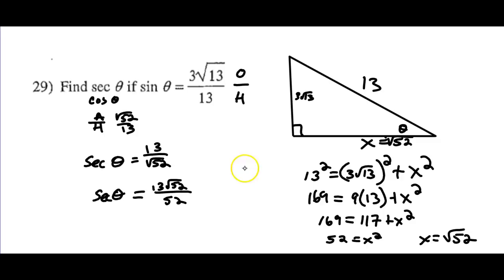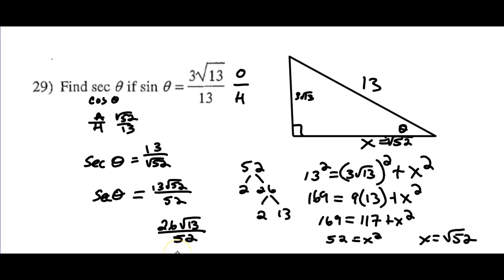Just to make sure, 52 breaks down into 2 and 26. 26 breaks down into 2 and 13. So I could say I've got a 2 that can come out of this. Just to make it look a little prettier, we can say it's 26 square roots of 13 over 52.